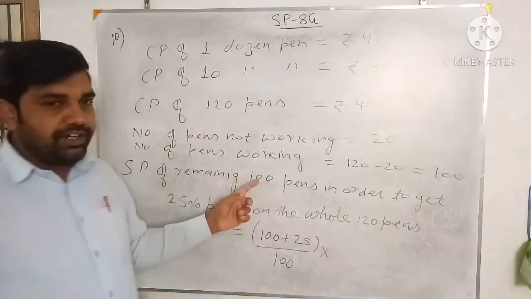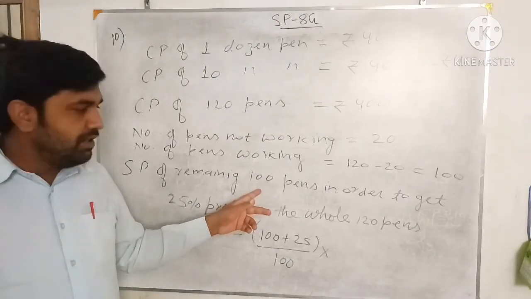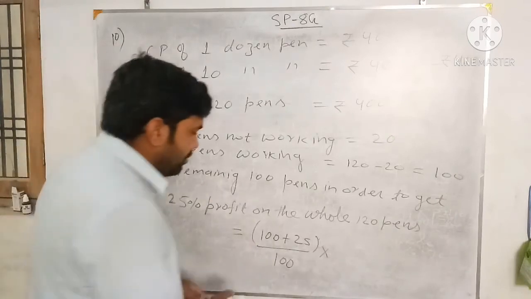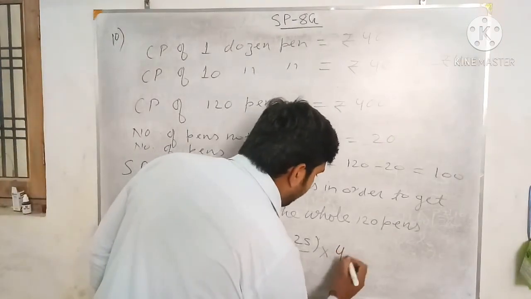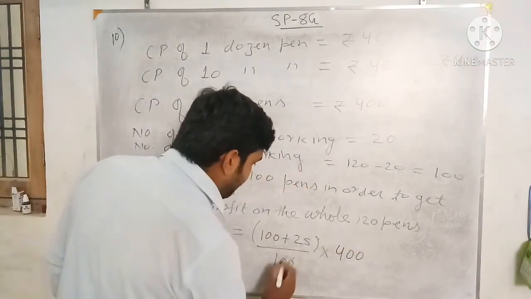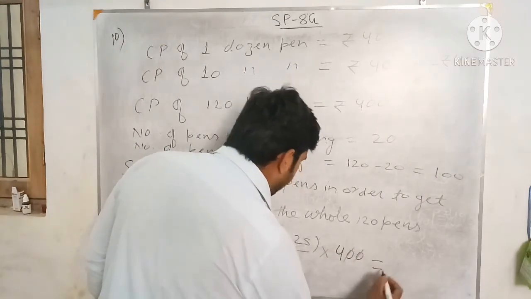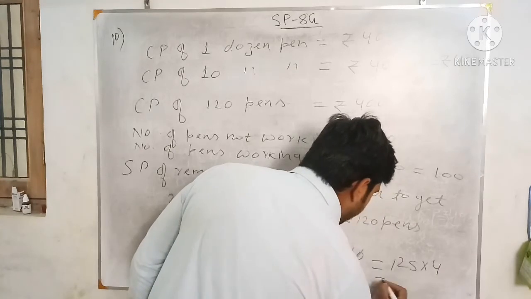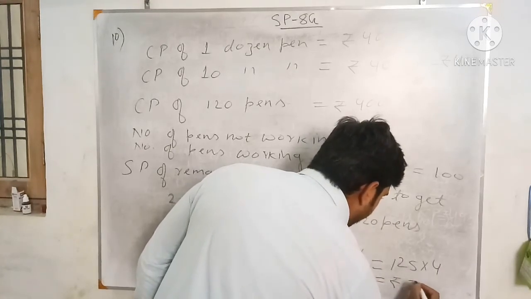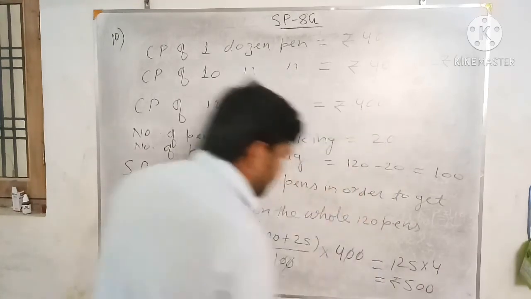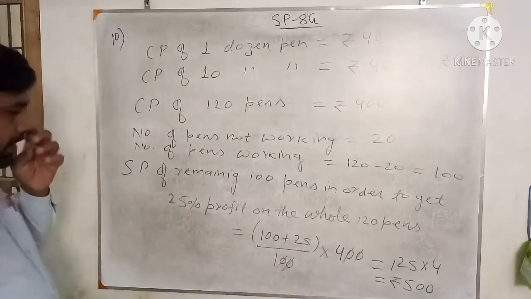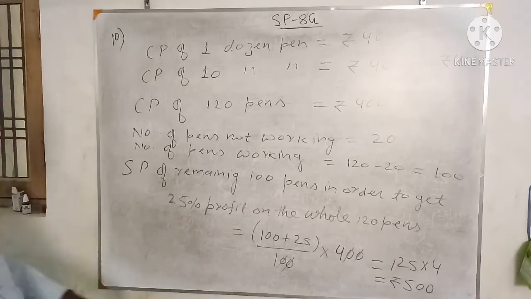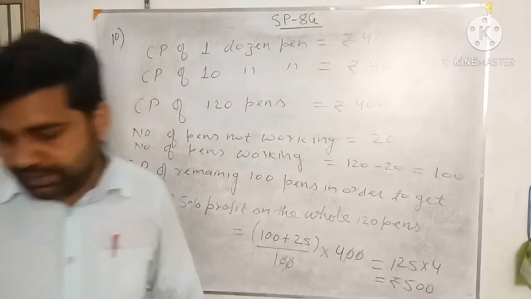Don't put the cost price of 100 pens, because he wants to earn 25% profit on the whole 120 pens. Now both the zeros are cancelled. So what you get is 125 multiply 4, that is rupees 500. So he will sell the remaining 100 pens in 500, meaning one pen he will sell at 5 rupees.